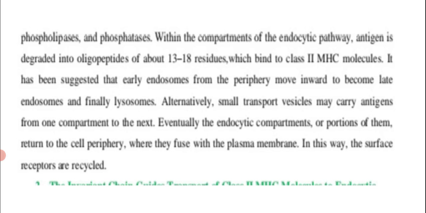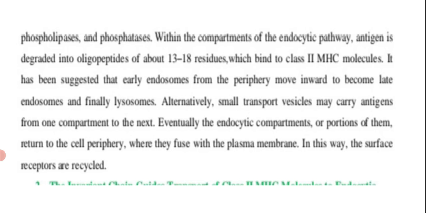Within the compartments of the endocytic pathway, the antigen is degraded into oligopeptides of size 13 to 18 amino acids, and this is an optimum size for binding to a class 2 molecule.